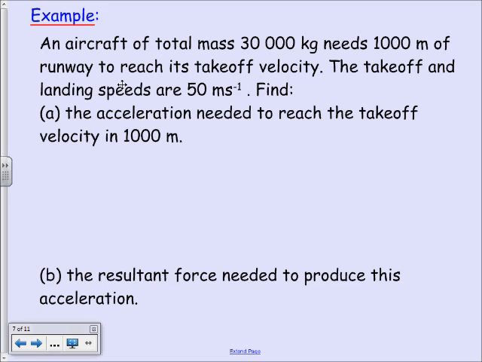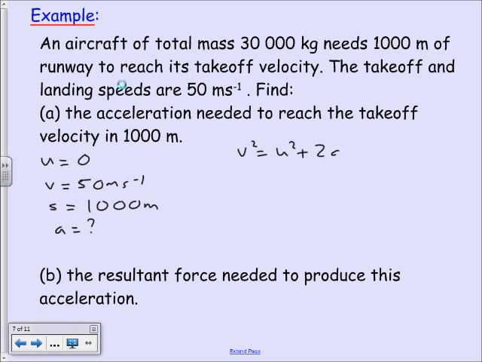So this first part, again, is an equations of motion problem. So initial velocity 0, final velocity is going to have to be 50 meters per second. The distance that we travel, or the displacement, is going to have to be 1,000 meters, and we are trying to find the acceleration. Identify the equation. No time in this one, so it's v squared equals u squared plus 2as.